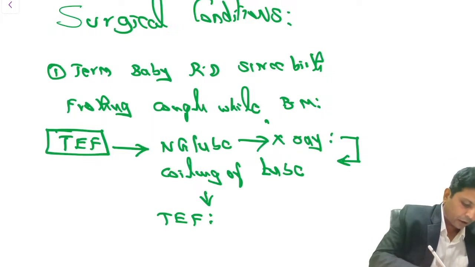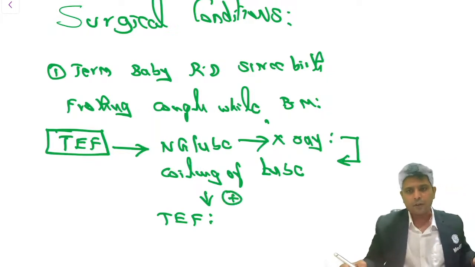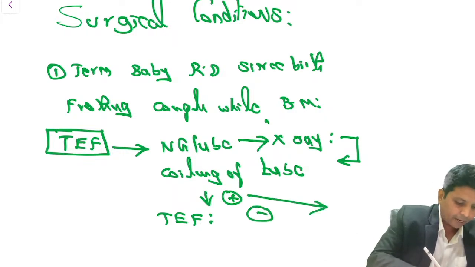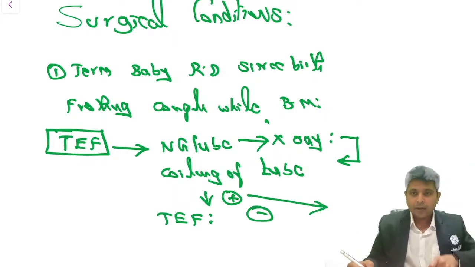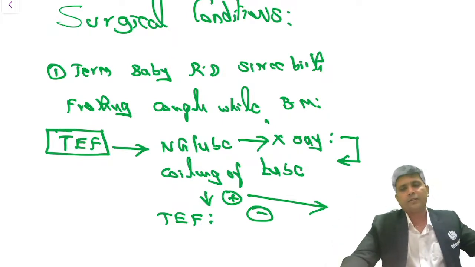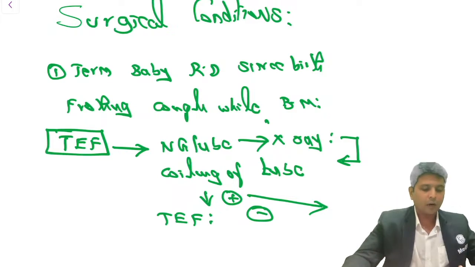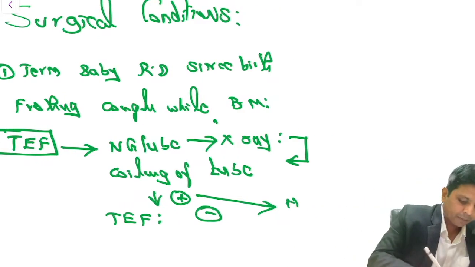Remember, this coiling can be a tracheoesophageal fistula, but sometimes coiling may not be seen. Still it can be a case of tracheoesophageal fistula. How? Yes, H-type fistula.